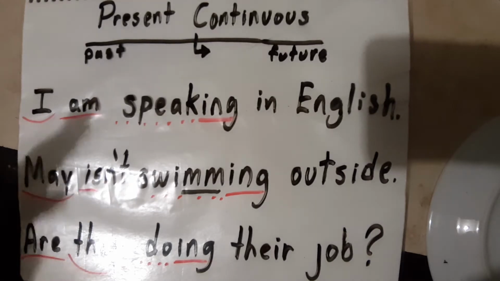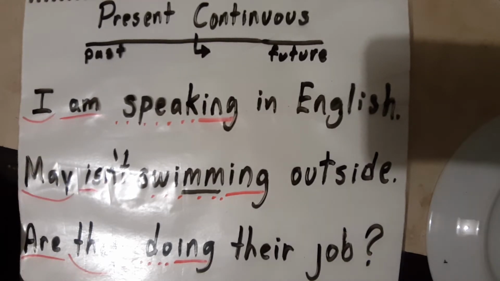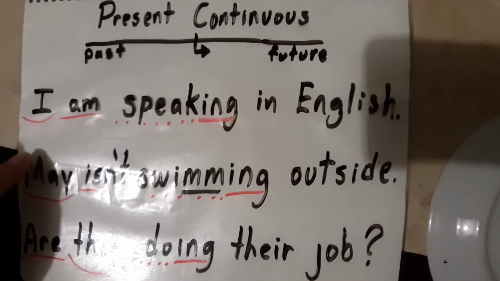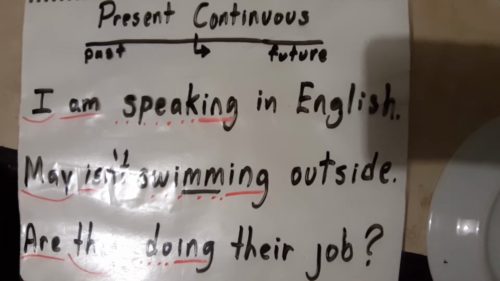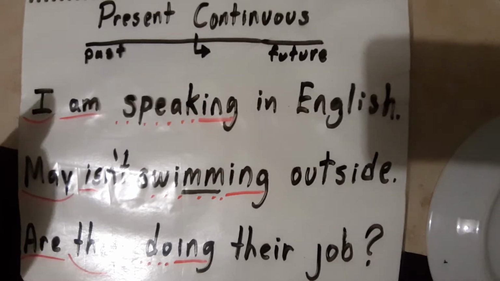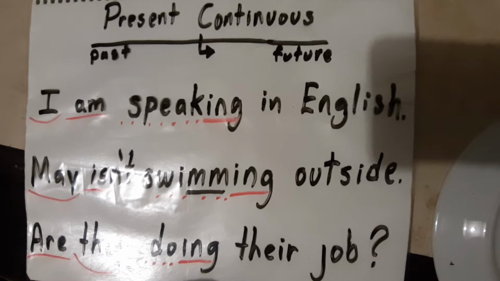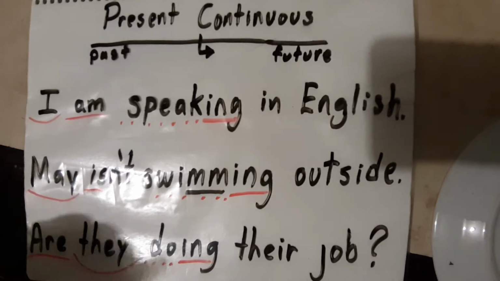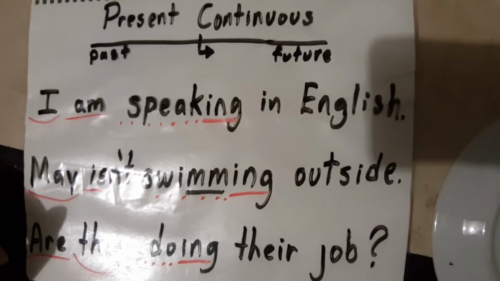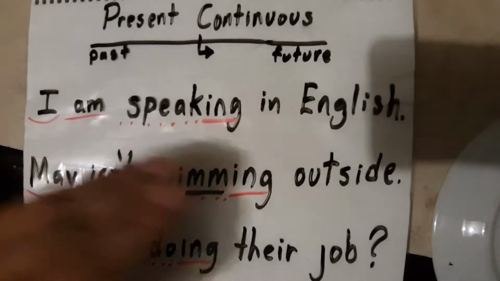It's true. If I suddenly stop speaking or if I switch languages, this stops being true. You know what I mean? I am speaking in English. Not anymore. See what I mean? So, in this precise moment, I am speaking in English.